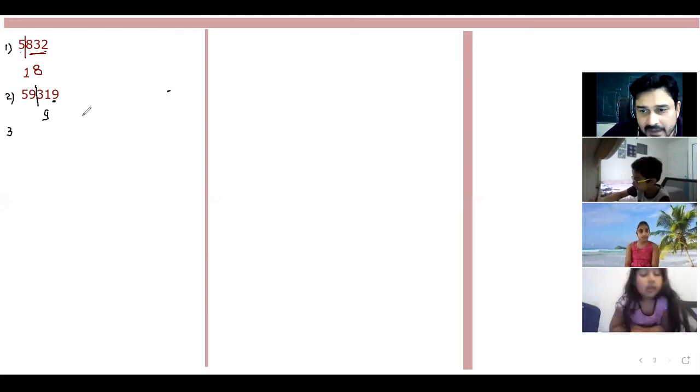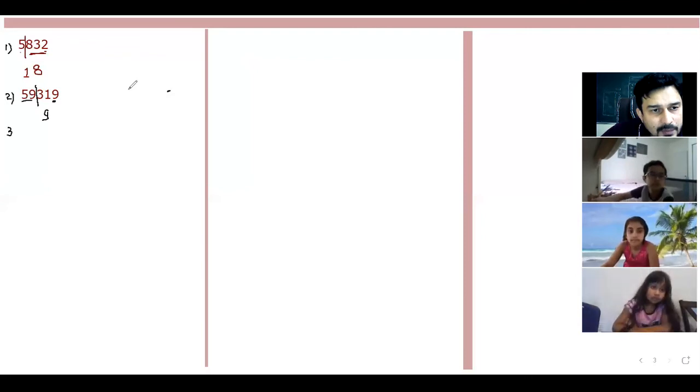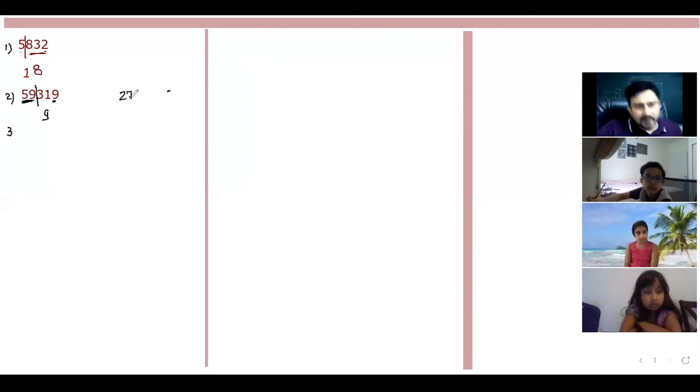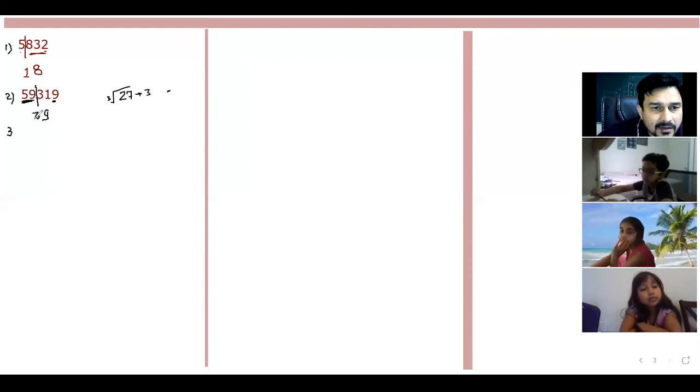The third step is the cube root of the perfect cube just smaller than 59. Which is just smaller than 59 is 27, and its cube root is 3. So the answer is 39. Now you got it? Yes.